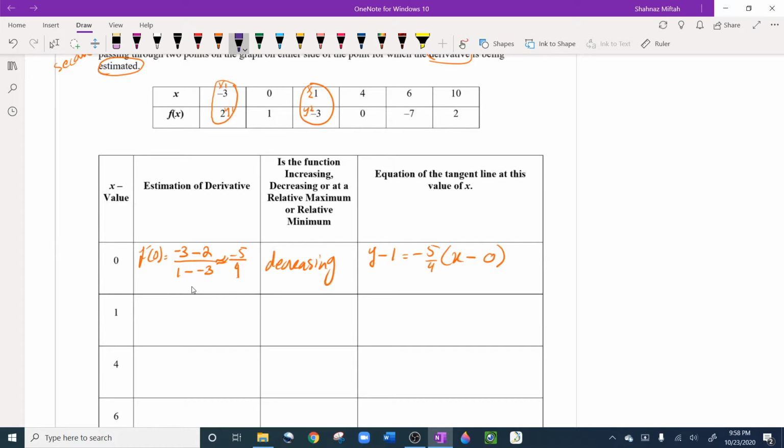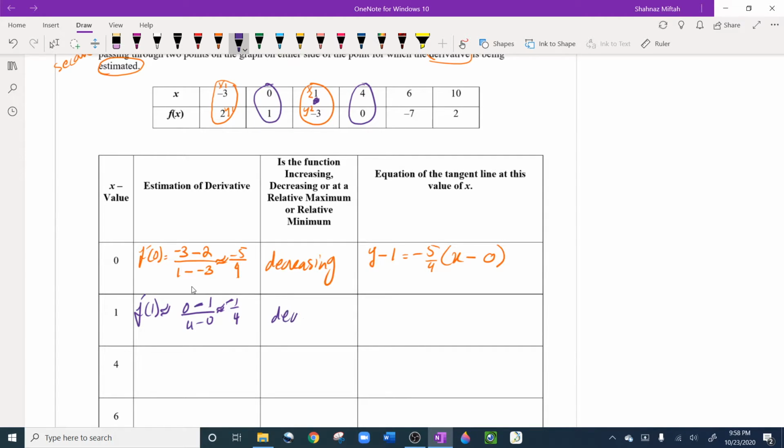This is my 1. So for 1, I'm going to pick arbitrarily close points, 0 and 4. You're going to pick left and right close to this number, not exactly that number. So if I'm looking for f prime 1 approximation, for example, this is my y2, which is 0 minus 1, and x2 is 4 minus 0, which gives me -1/4.